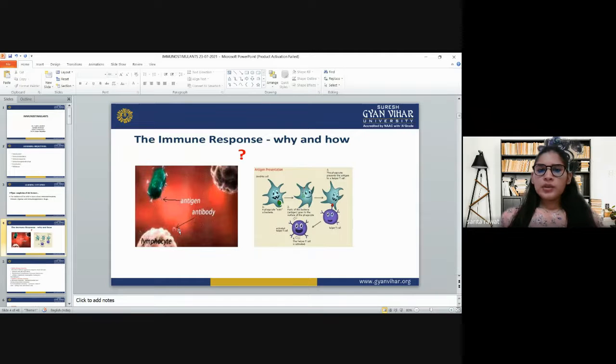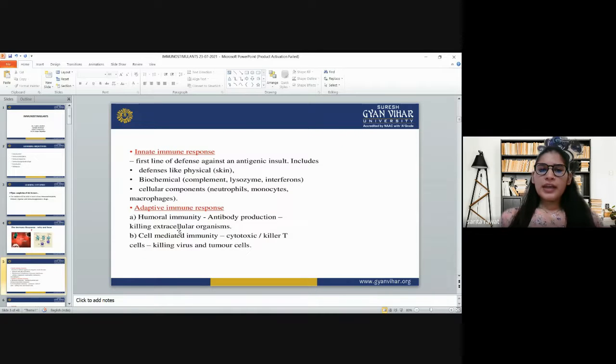Now, talking about what the immune response is and why and how it works. When we talk about the immune response, we have the innate immune response and the adaptive immune response. The innate immune response is the first line of defense against antigenic insults, and it includes physical defense like the skin, biochemical defenses like complement, lysozymes, and interferons.